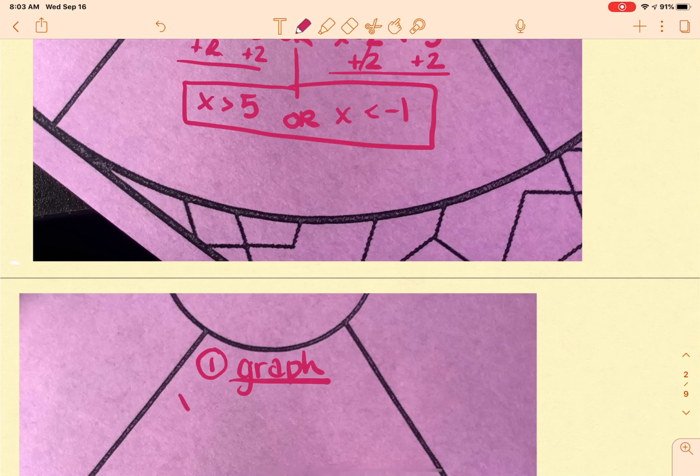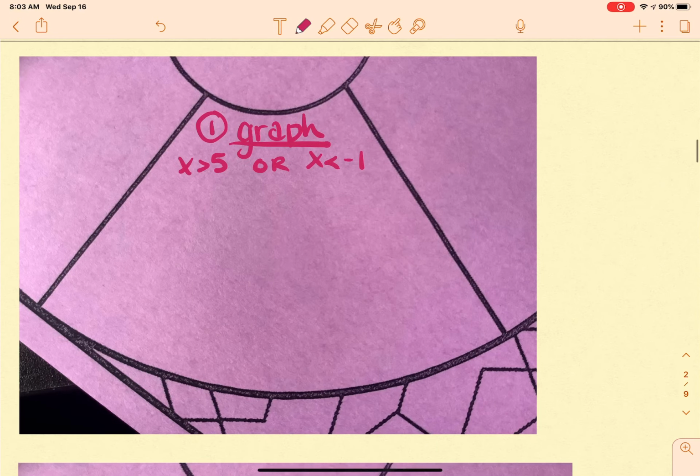So I have x is greater than 5, or x is less than negative 1. When I'm looking at these, the only two numbers they seem to care about are negative 1 and 5. So when I make a number line down here to graph on, I have to make sure those numbers are on there.